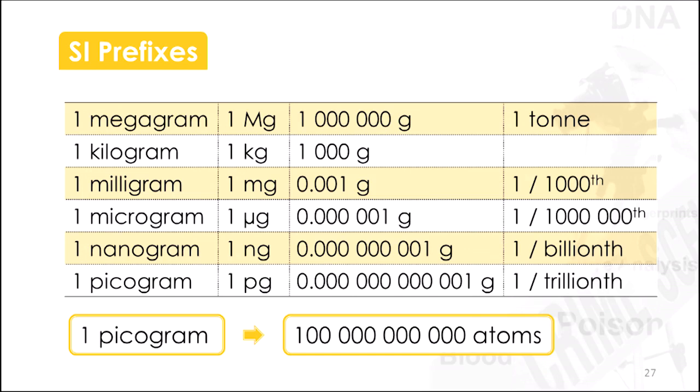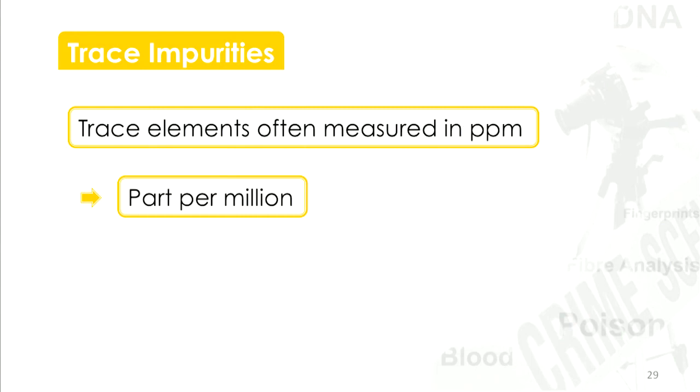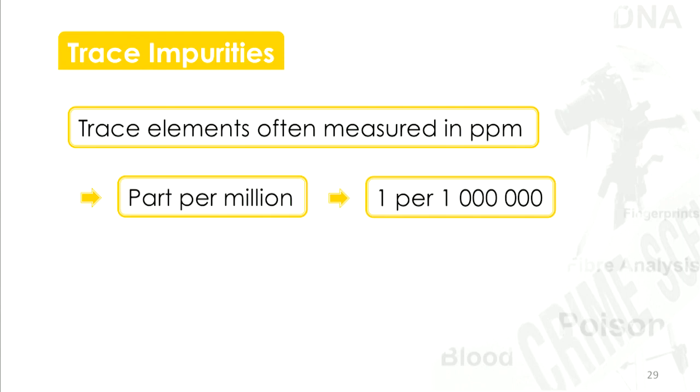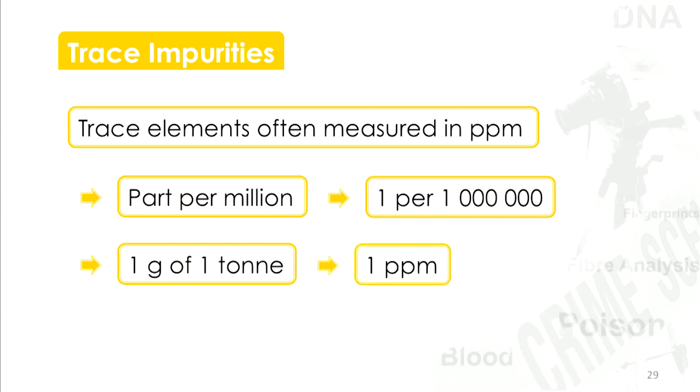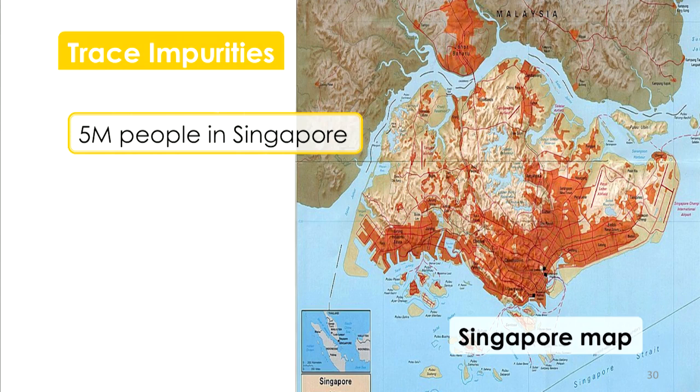Now, when we talk about trace elements, we often refer to the amount of the trace element present in a unit called a ppm. And ppm stands for parts per million. And 1 ppm is 1 part in 1,000,000. So if you have a ton of material, 1 gram of that material would represent 1 ppm. To give you an idea of the scale of a ppm, if you consider Singapore, the population of Singapore is approximately 5 million people.